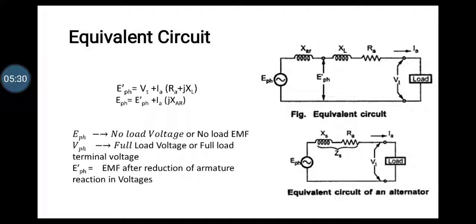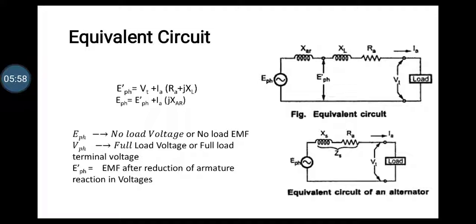If I include the armature reaction, then the no load EMF, E phase, equals E dash phase plus Ia into j XAR, where Ia is the armature current and XAR is the armature reaction reactance. So if I reduce the equivalent circuit, XAR plus XL is nothing but XS, the synchronous reactance.